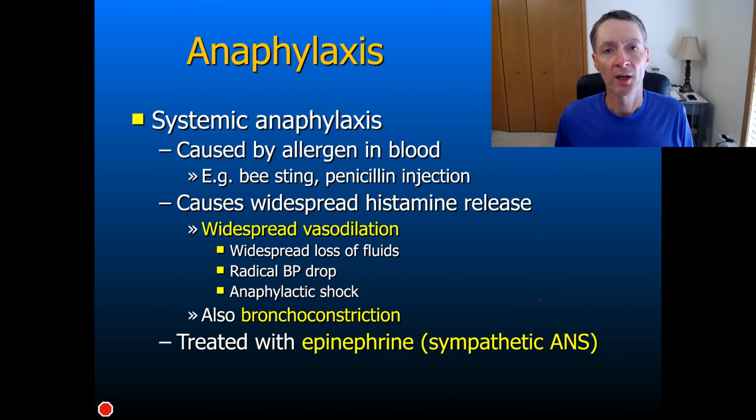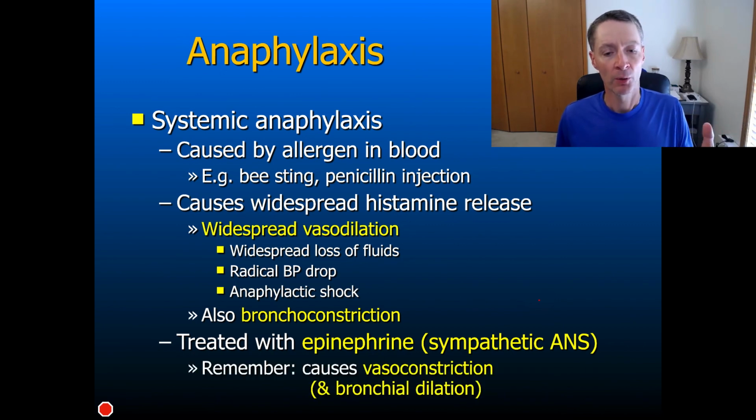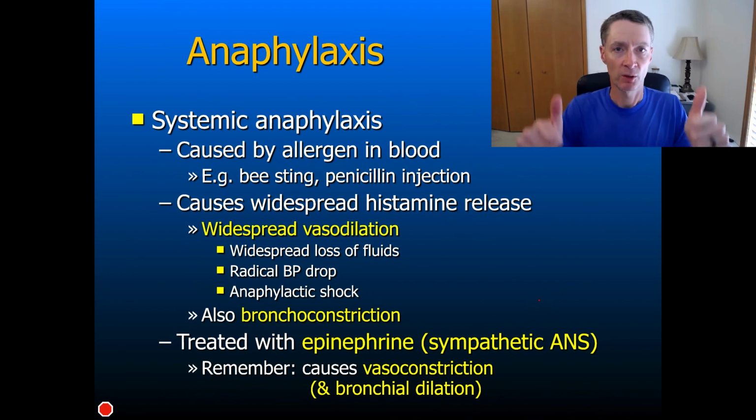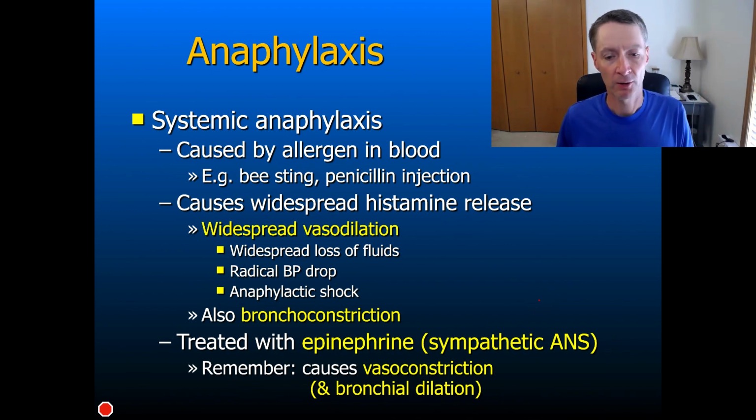Typically, we are going to work on the sympathetic autonomic nervous system with drugs when this happens. We would administer something like epinephrine, natural form being adrenaline, right? Which would cause a sympathetic response to turn this all around, right? We would have, by treating it in this way, a vasoconstriction, get the pressures back up, and a bronchodilation to help you to continue breathing.